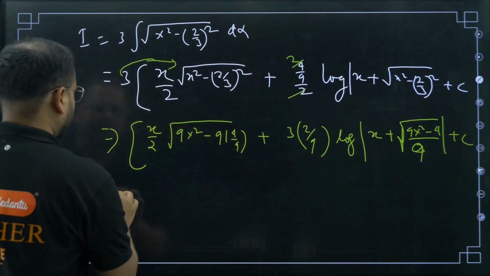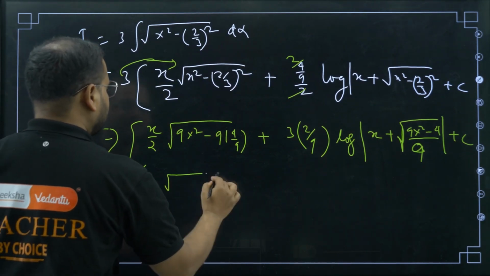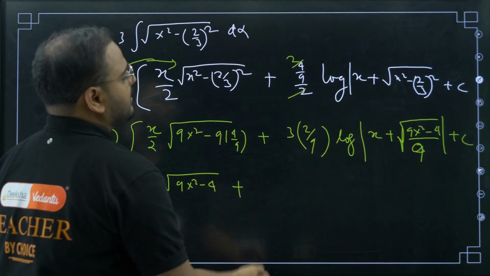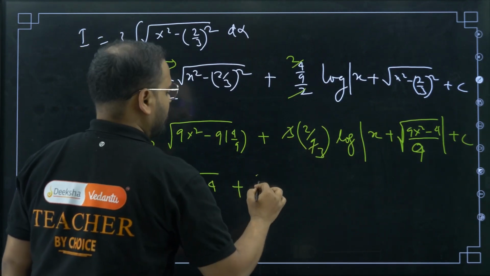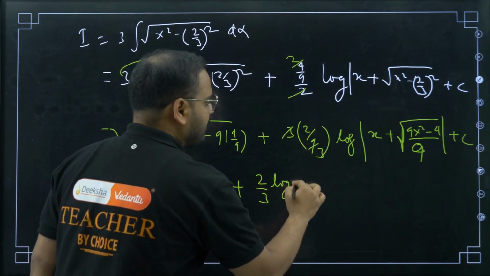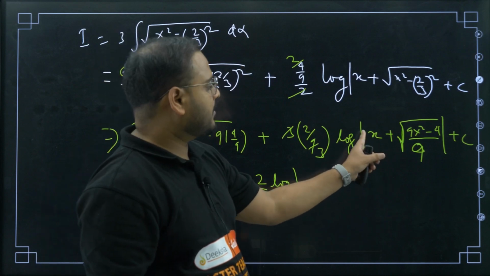So let's see the final transformation. x by 2, please check. This is the same thing, 9x square minus 4, plus. This will cancel each other, so 2 by 3. Now check the log part. x will be what? I'm taking LCM now.